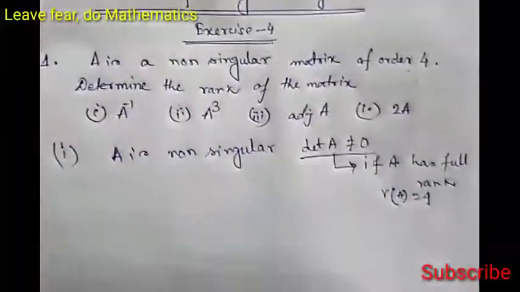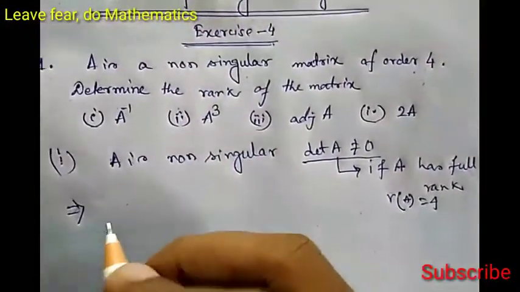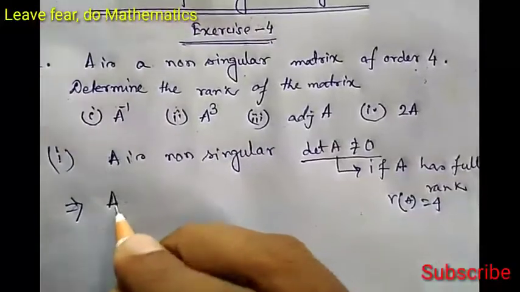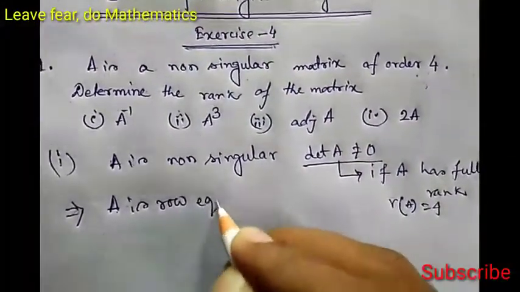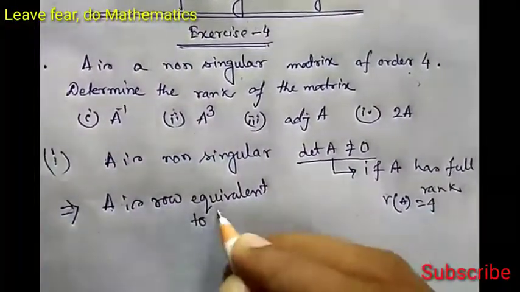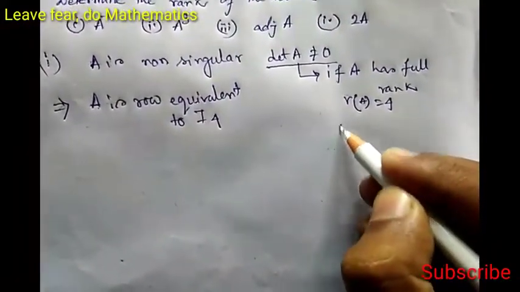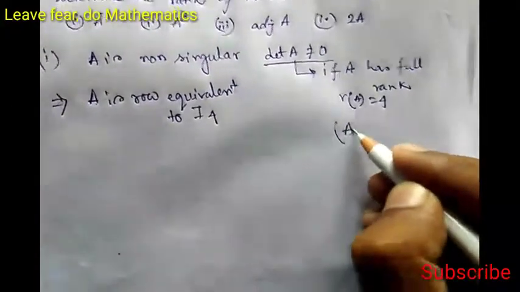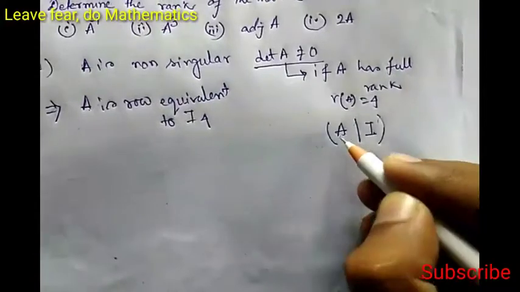Now, since A is non-singular, A is row equivalent to the identity matrix of order 4. Look, how do we get the inverse matrix? First we take the matrix A, then we take the augmented matrix [A | I].